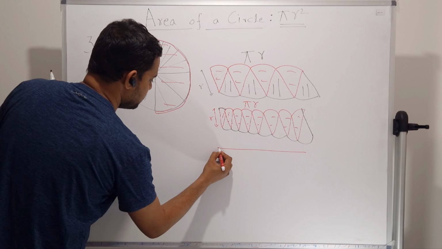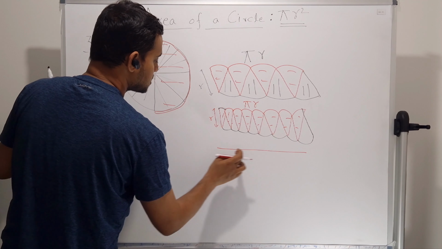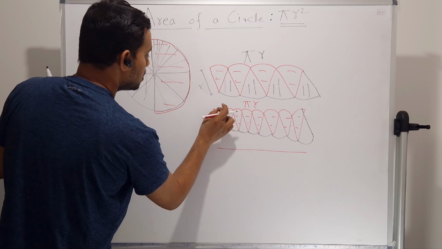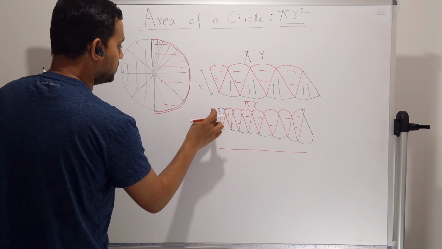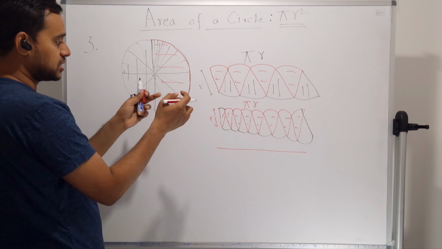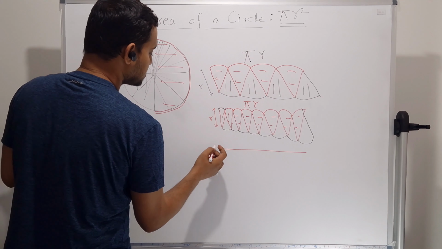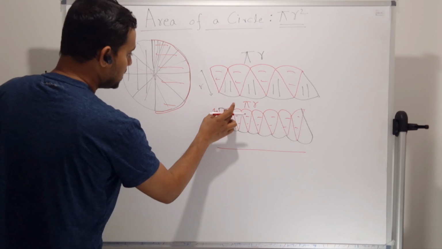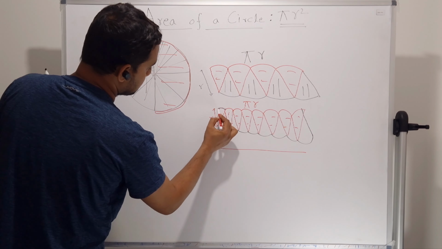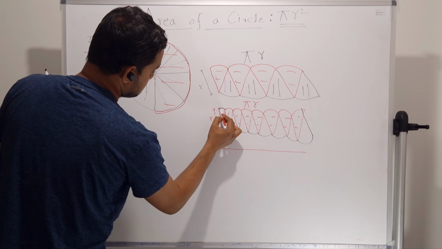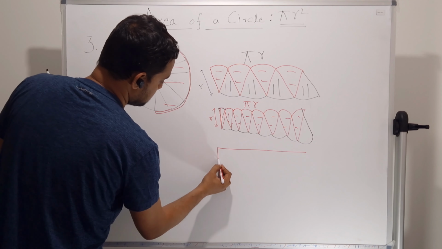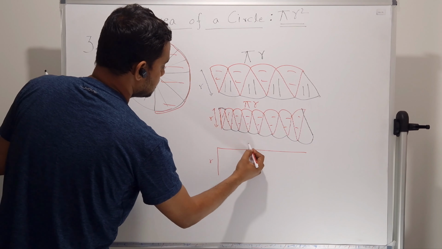This straight line is composed of many small curves like this. Because those points are very close, that curved length is so small that it's almost like a straight line. If this curved length is like a straight line, then these two become straight lines. This becomes r.